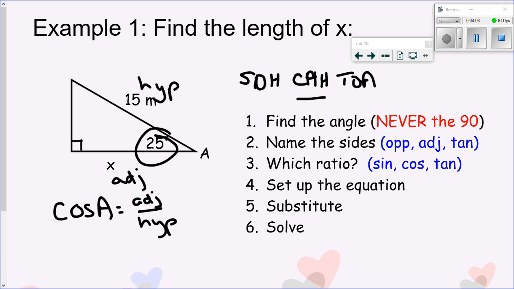We've kind of mashed steps 3 and 4 together, right? We named the sides, adjacent and hypotenuse, and decided which ratio. Since we are looking for the adjacent and we have the hypotenuse, that must be the cosine, and then we set up the equation, which is just fancy talk for write the equation down.